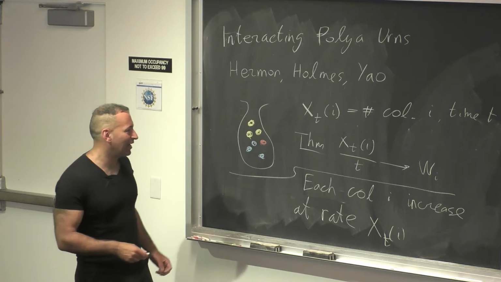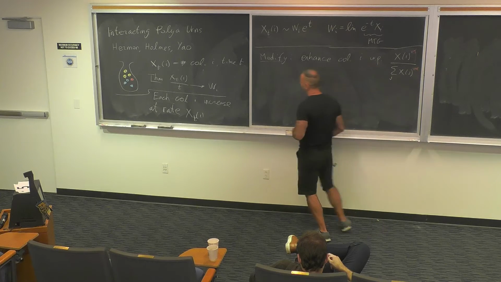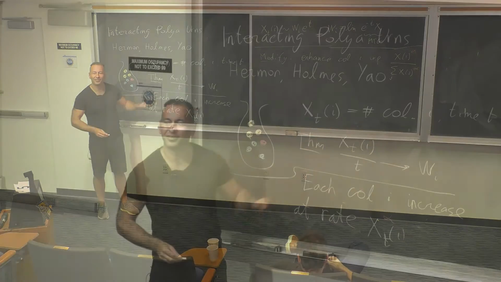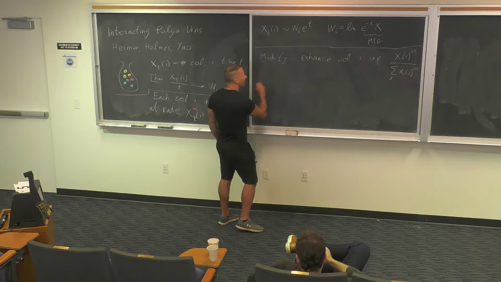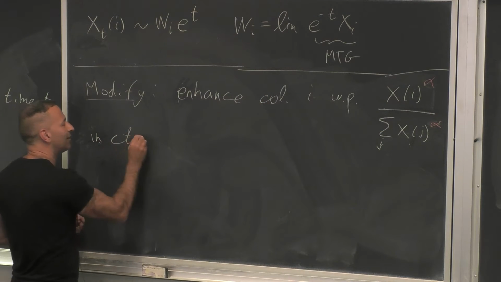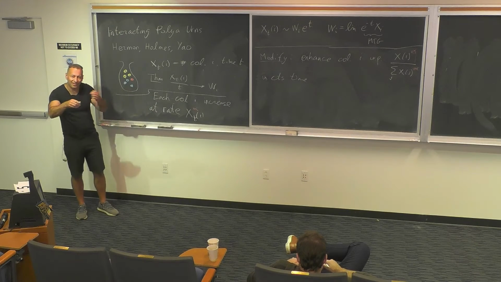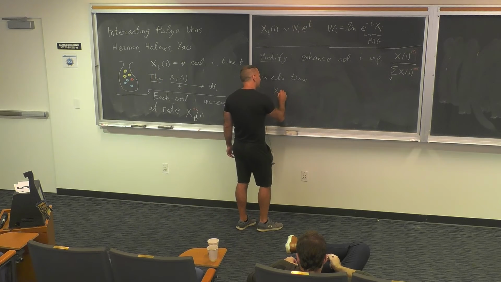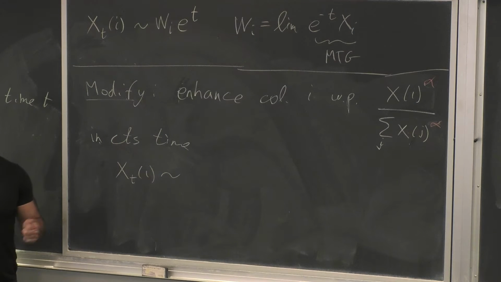And indeed, you can use the same approach. So let's just make this into a red alpha so we can keep track of it. So if we just put this alpha here, now again, you get these independent processes where each color grows independently. But now the consequence of this is that, in this continuous time version where each color just gives rise to new balls of the same color independently of the others, x_t(i) is approximately, well, it depends now on whether alpha is less than 1 or more than 1.